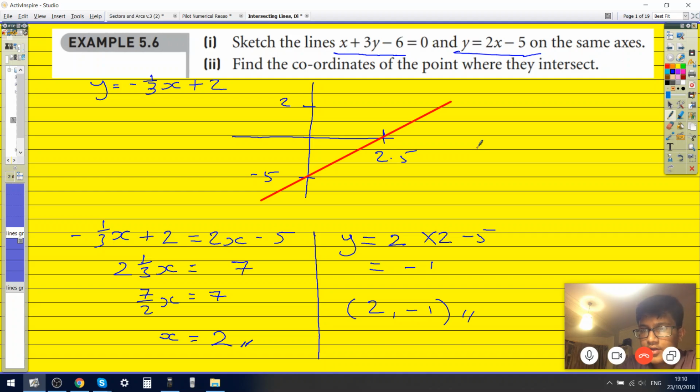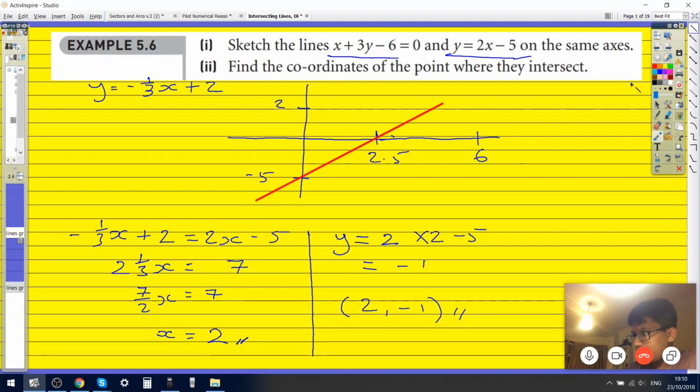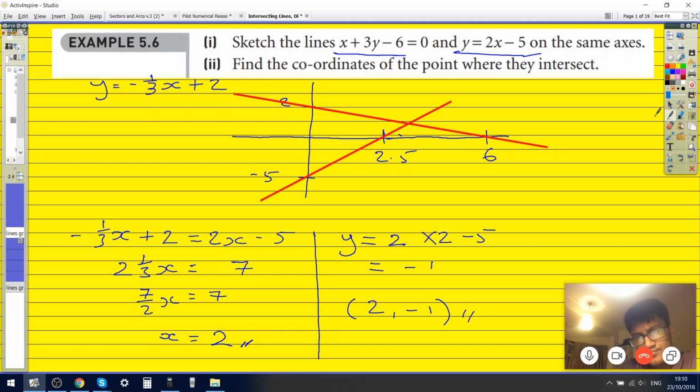Okay, so 0 is minus 1/3 x plus 2. Minus 1/3 x equals minus 2. X is 6. X is 6, so 6, 0. So that one's 6. And so that one will cross there. Okay. And that's our sketch.